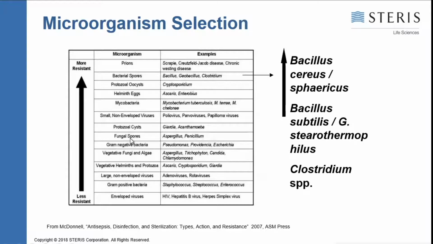When you look at quats in particular, they can kill from fungal spores, like Aspergillus, Penicillium, on down the spectrum. And then when it comes to sporicides, like hydrogen peroxide and peracetic acid chemistries, they can kill from bacterial endospores, which would be here, all the way down the spectrum.